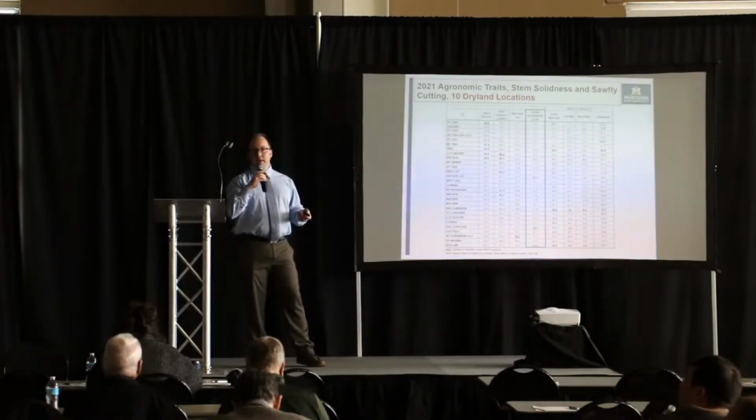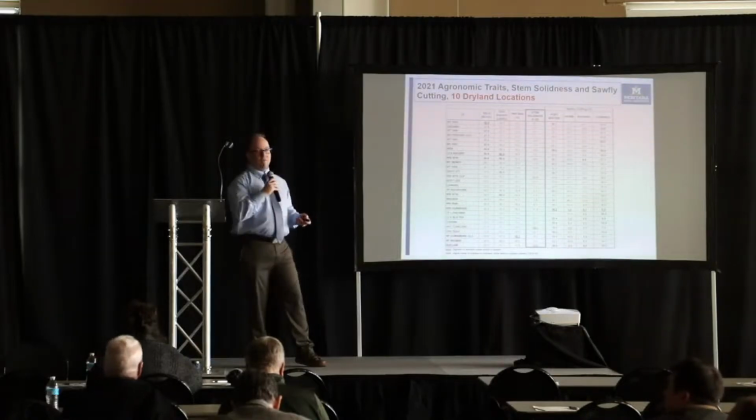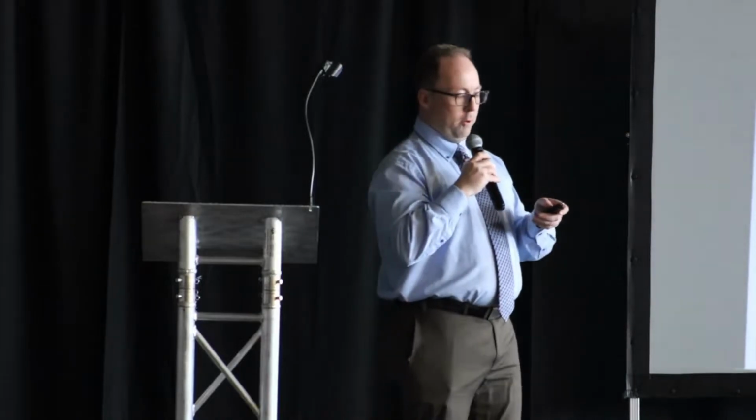I was in the area doing field days this last summer, and a number of farmers have indicated that they're seeing an uptick in the amount of soft fly on their farms. So I thought I'd show some of this data just so you can get a sense of what we're seeing as far as soft fly resistance amongst the different varieties and how they're performing in different locations and so forth.